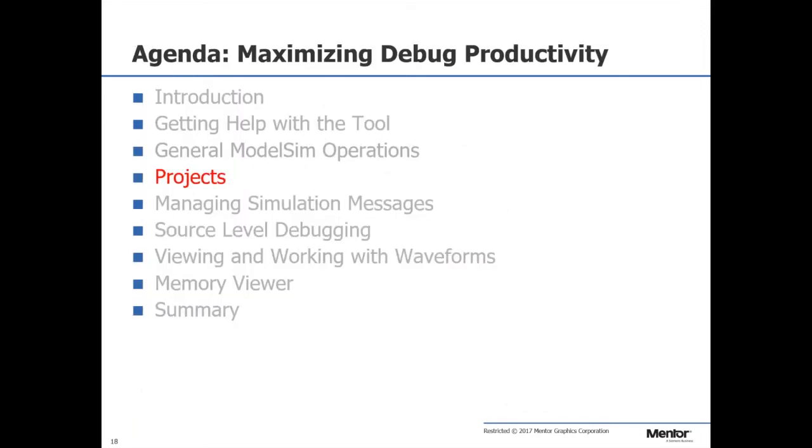So then again, the ModelSim Project tab. I actually find that the more experienced the user is, the less likely they are to use the project mode, and the more likely they are to just create a Tcl script that does the same thing that the project mode does. I just find that with Tcl scripts, you have more control.